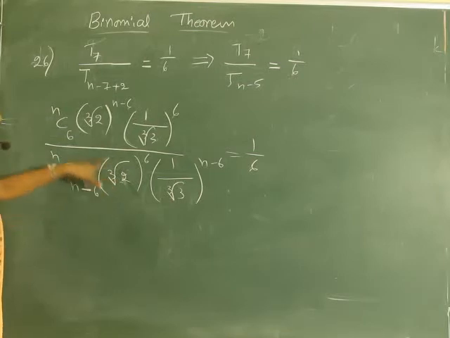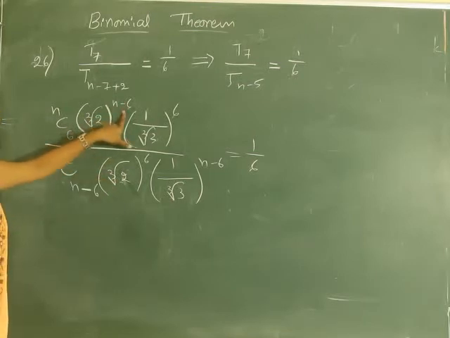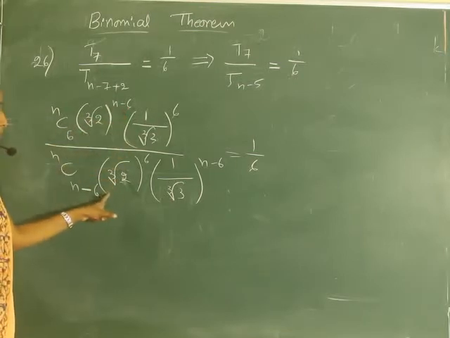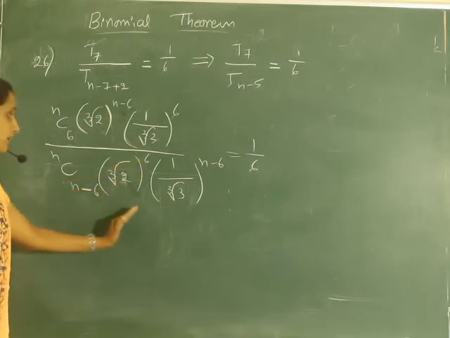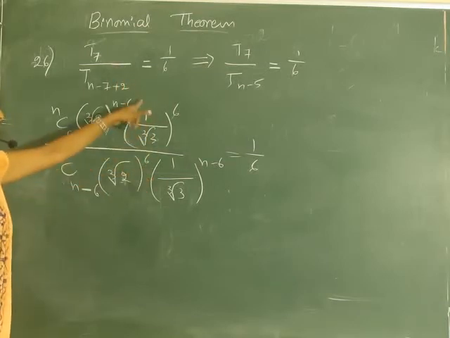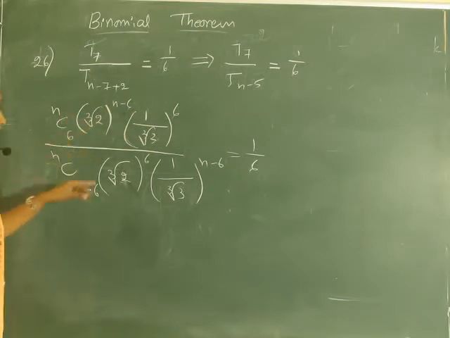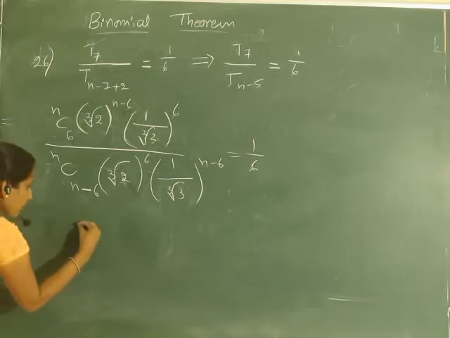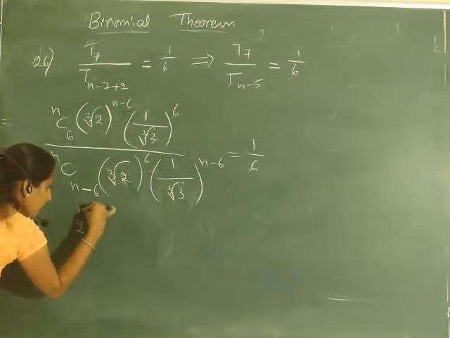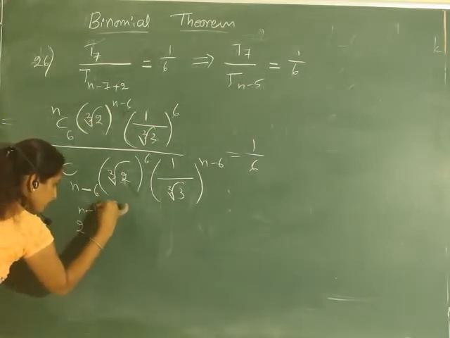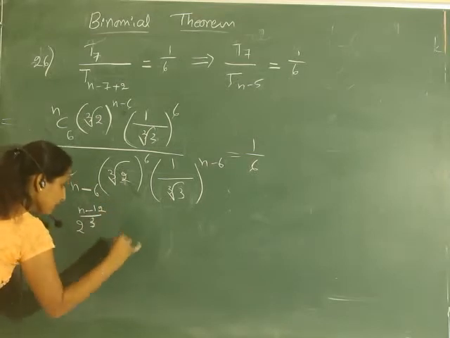Then we have cube root of 2 to the power n minus 6 and cube root of 2 to the power 6. When we take this to the numerator, this becomes minus. Cube root means to the power 1 by 3, so altogether we can write it as 2 to the power (n minus 12) by 3.